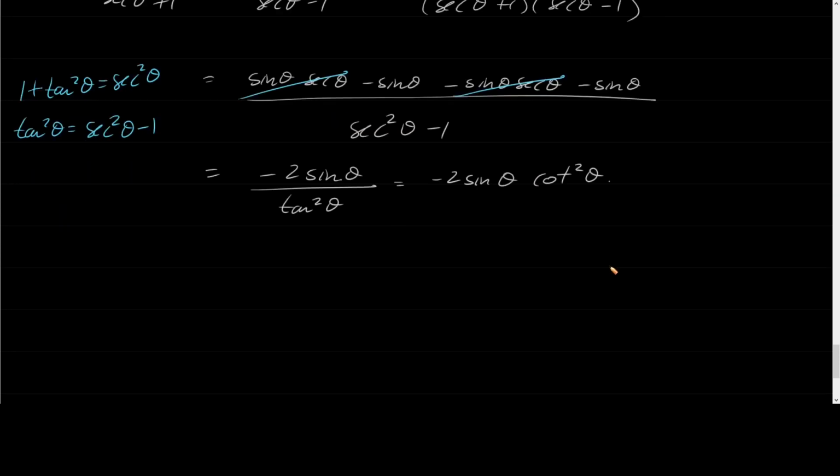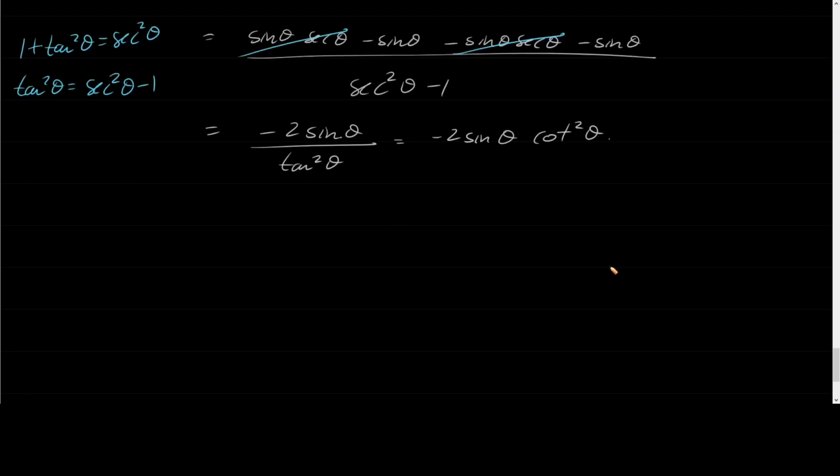And now that I've got that, well, I can rewrite this a little bit more. We can simplify it slightly further, because cotangent squared is cosine squared over sine squared. And at this point, we would say, well, I can cancel one of these sines out, so I end up with negative 2 sine theta. Excuse me, that's the one that canceled out.